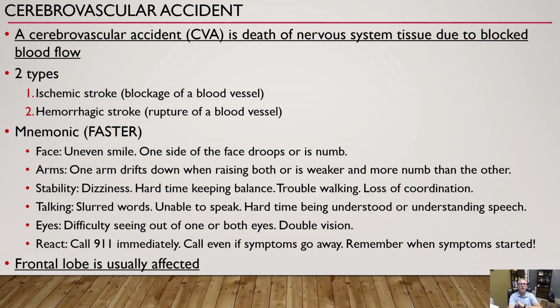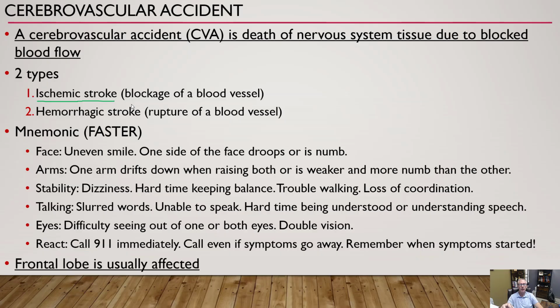All right, a cerebrovascular accident, also called a stroke, basically is death of nervous system tissue due to blocked blood flow. We have two types of strokes or cerebrovascular accidents. One is called an ischemic stroke. This is due to a blocked blood vessel.